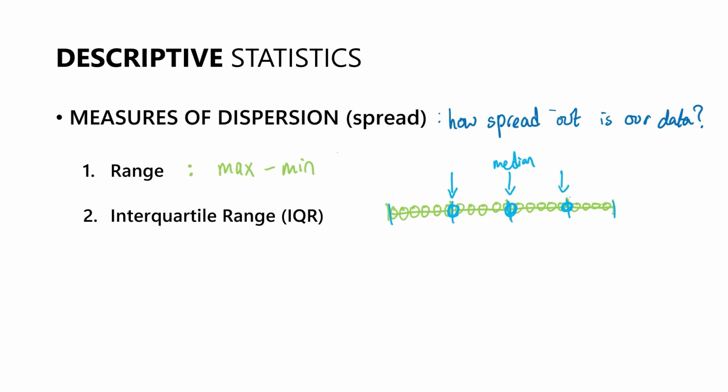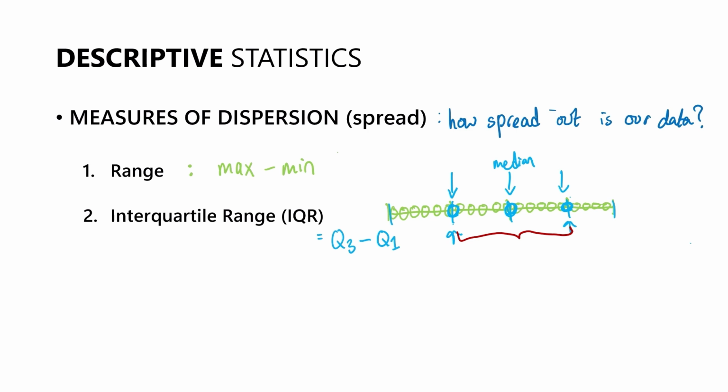Then it calculates the IQR, which is just the difference between the values in the third quartile and the first quartile. So it's just the difference between this value and this value. So essentially, what we're doing is we're measuring this range here.